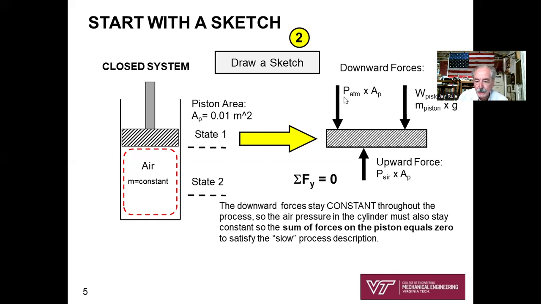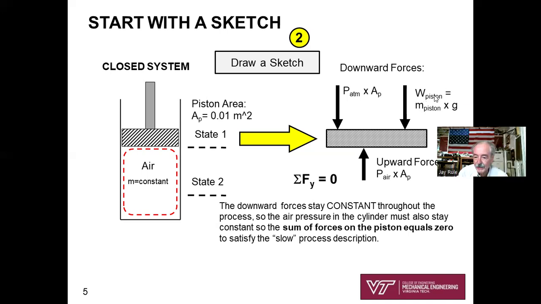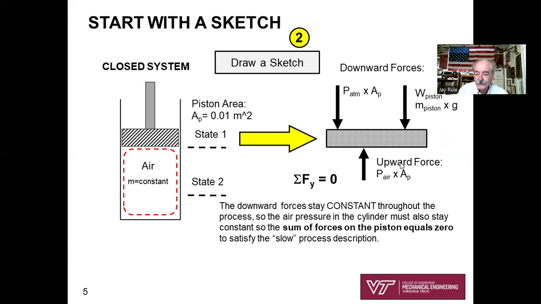I've got two downward forces pushing on the piston: the atmospheric pressure force and the weight of the piston. The weight of the piston is mg. And then there's only one upward force: the pressure of the air times the area of the piston.